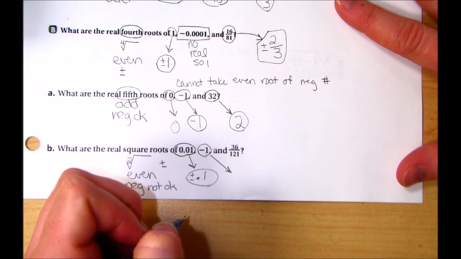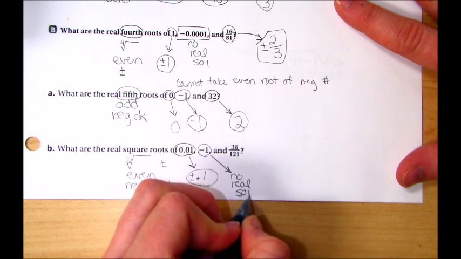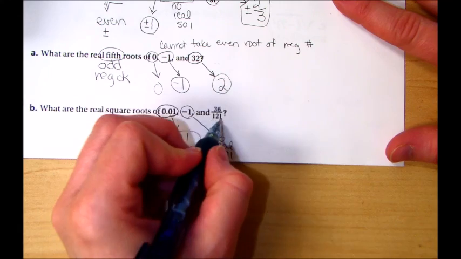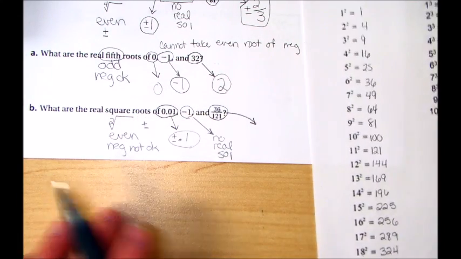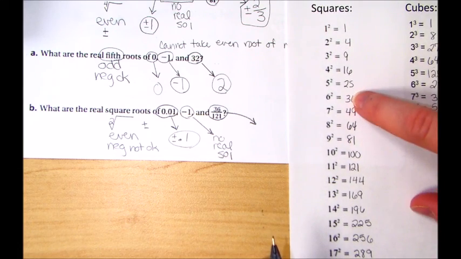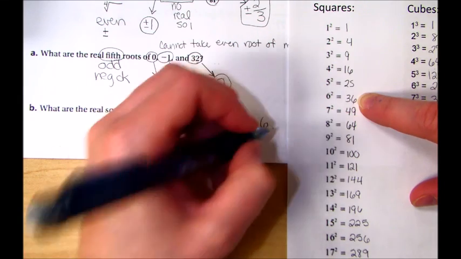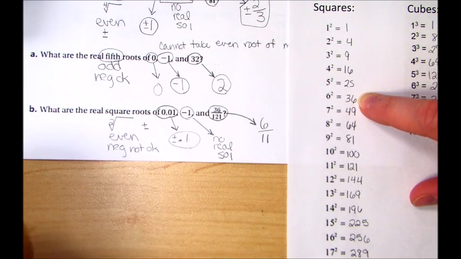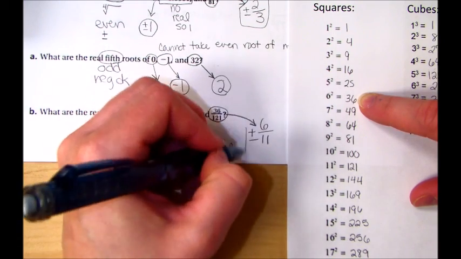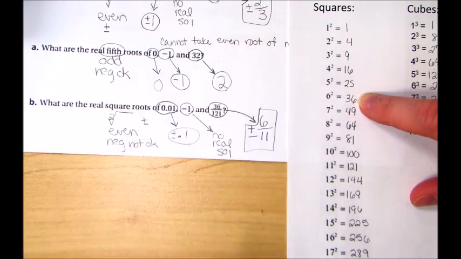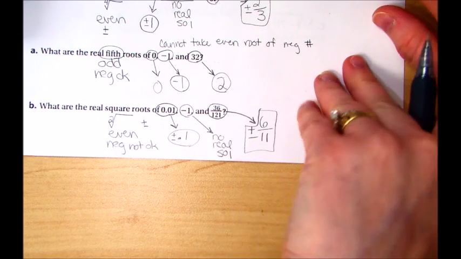You cannot have a square root of a negative, so we write no real solutions. Even roots cannot be negative. Now if I go to my square list, the square root of 36 is 6. The square root of 121 is 11. And because we want to find all the possible roots, we must use a plus and a minus sign. So both positive and negative 6 over 11 squared will give you 36 over 121.